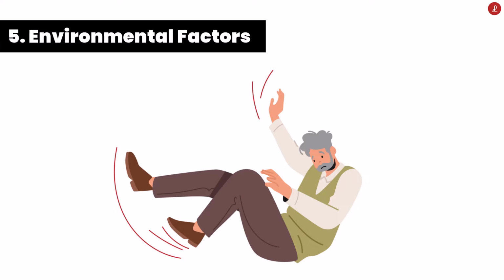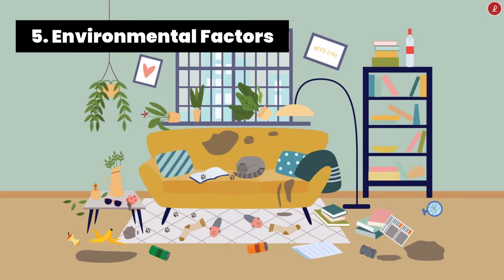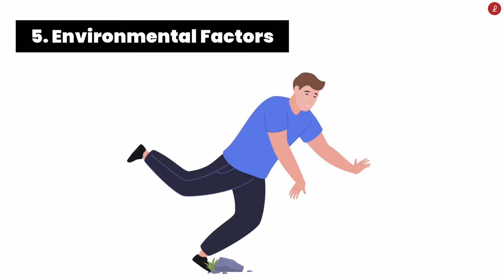Fifth is environmental factors. Cluttered rooms, wet floors, poor lighting, or uneven surfaces can all increase the chances of a fall. By assessing these risk factors, we can develop tailored strategies to protect our patients.